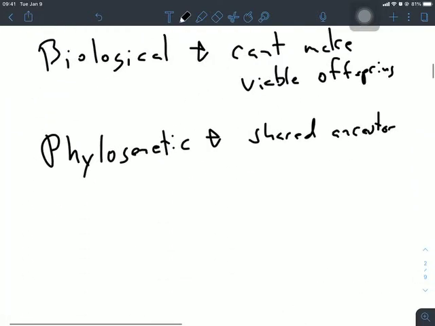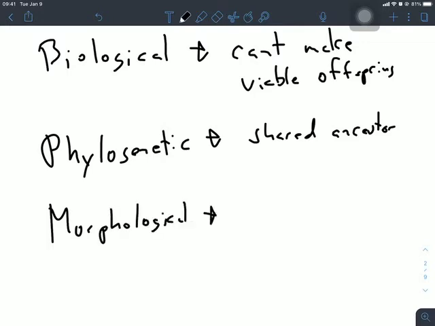Our third and final species concept that we'll cover in plant biology and botany is the morphological species concept. In the morphological species concept, species need to look distinct. Their flower shape needs to be different and genetically imparted.